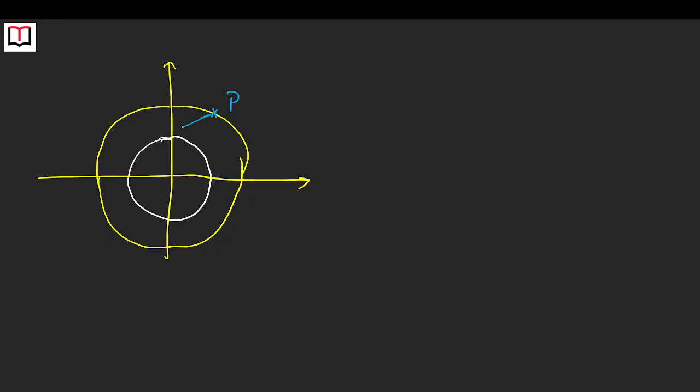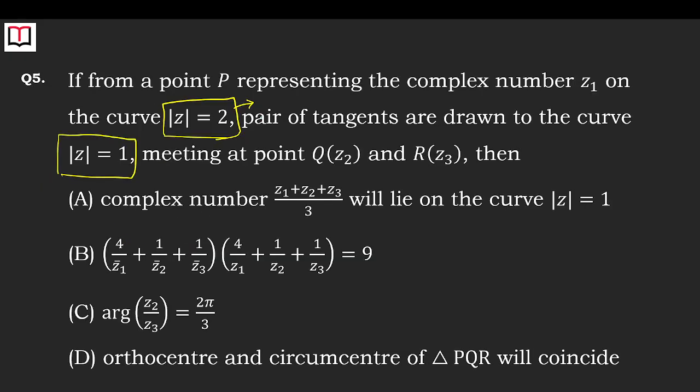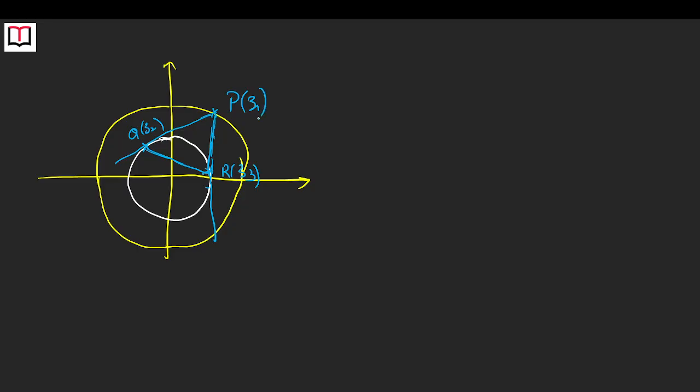Tangents are drawn from the outer circle to the inner circle to meet the circle at Q and R. So it's Z2 here, it's Z3 here, right? Okay, so I suppose it's Z1 here.